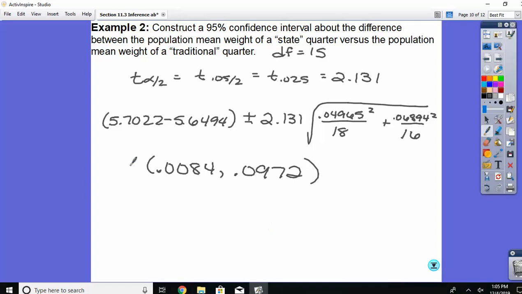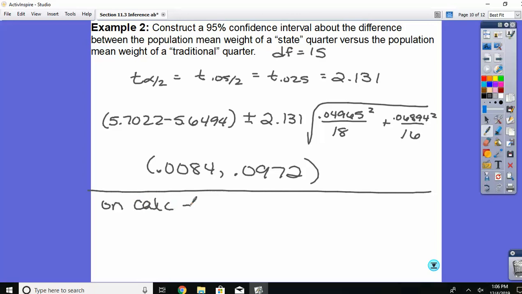On the calculator, if you want to do this confidence interval, you need to go to Stat, Tests. Now let's see if you guys can figure out which one you need. Are we talking about a Z or T?